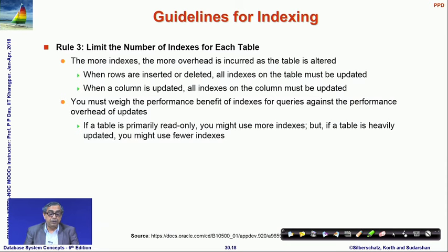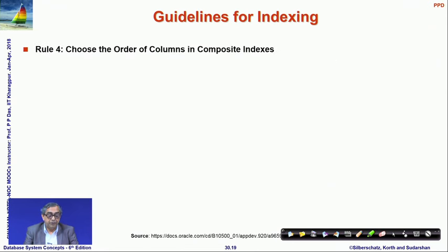You must regularly weigh the benefit of having the index for queries against the performance overhead of the updates. For example, if a table is primarily read only, you might use more indexes because the overhead will be less. But if a table is heavily updated, you might use a fewer number of indexes.